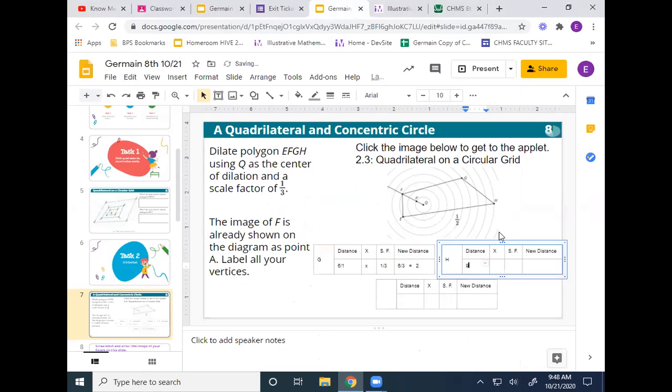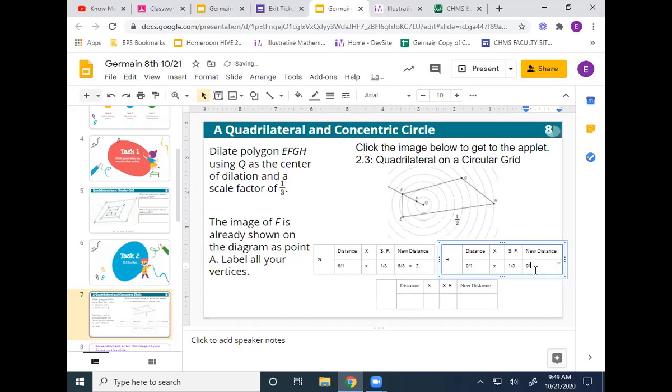And we're going to take that 9 and we're going to multiply by my scale factor, which we can write as 1/3. And if I write it as 9/1, I multiply by numerator, and I get a new numerator of what number? 9 times 1 gets me 9. 9, very good.